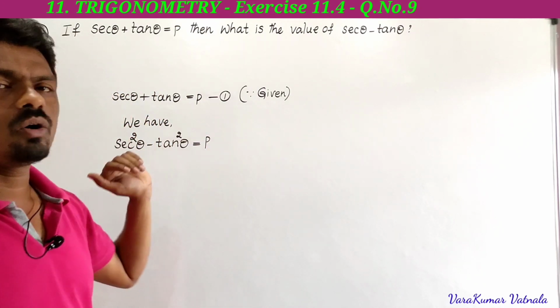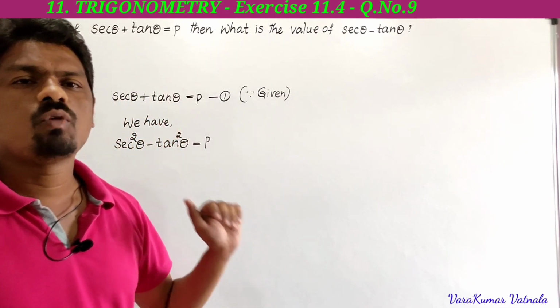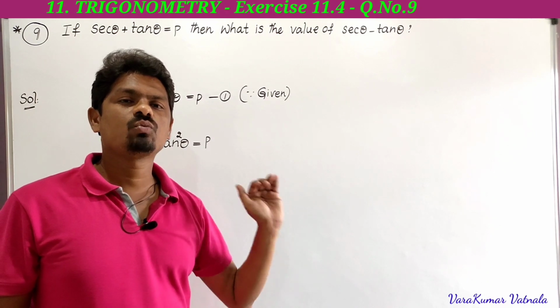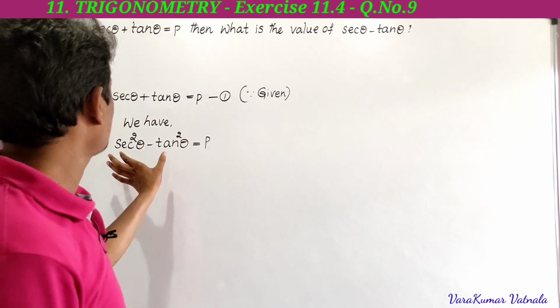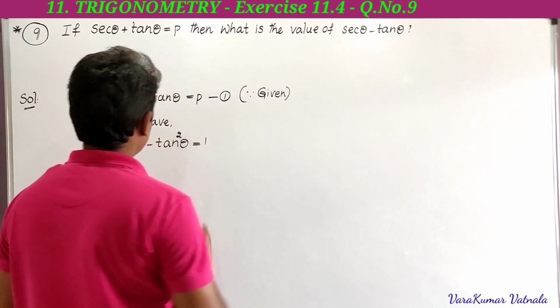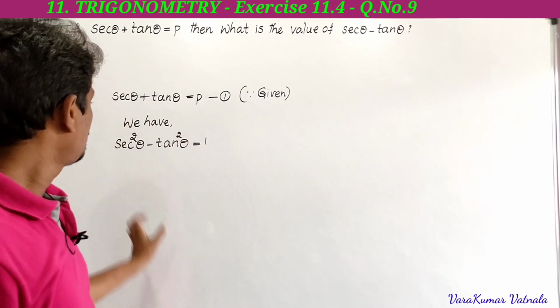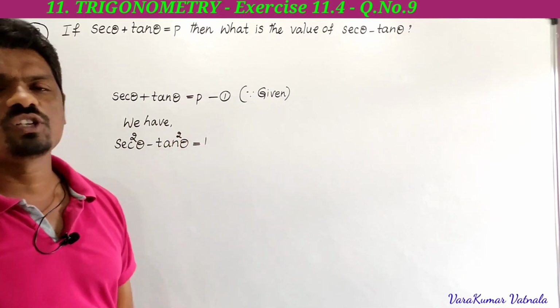So we have from the second trigonometric identity 1 plus tan square theta equal to secant square theta. From this we get secant square theta minus tan square theta equal to 1. Here it is in the form a square minus b square.